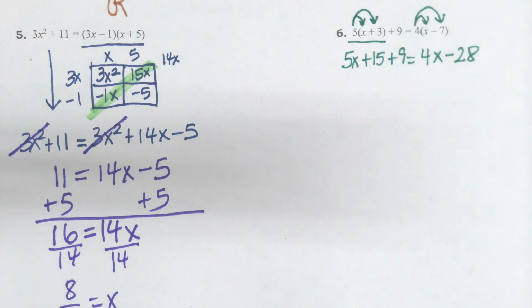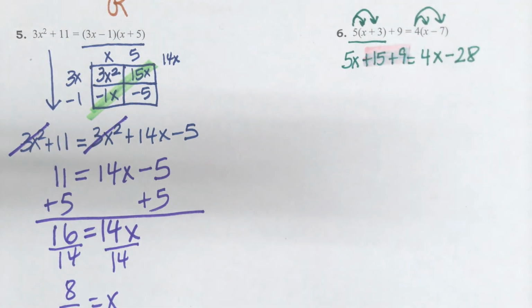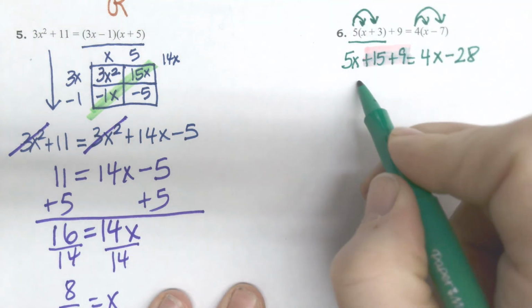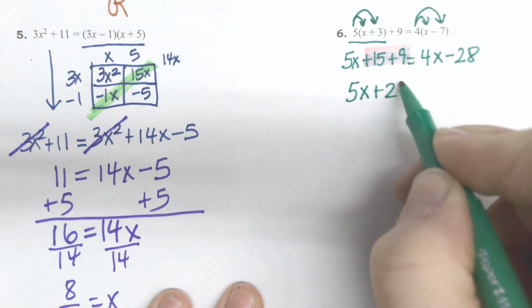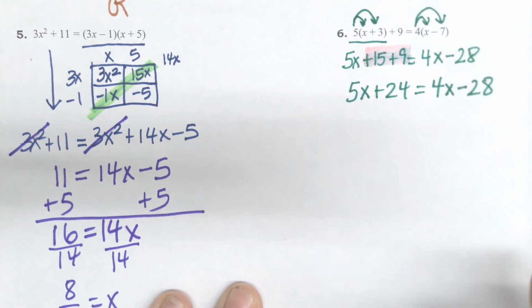I'm in another situation where I've got terms to combine. They're on the same side. 15 plus 9 is 24. So this is 5x plus 24 equals 4x minus 28.